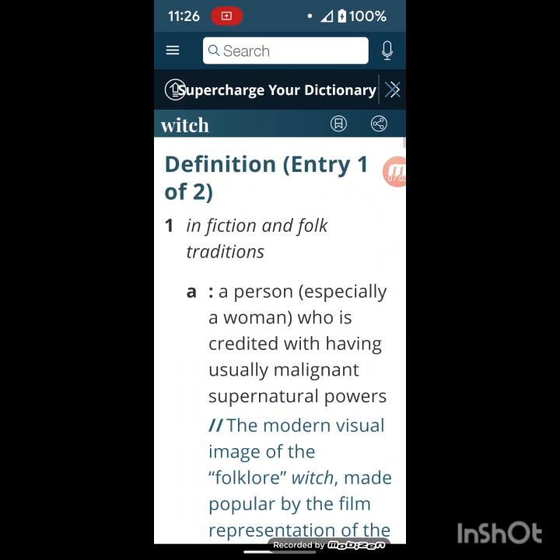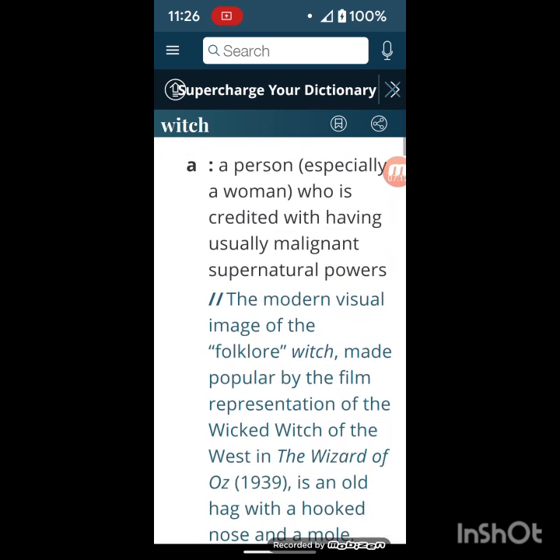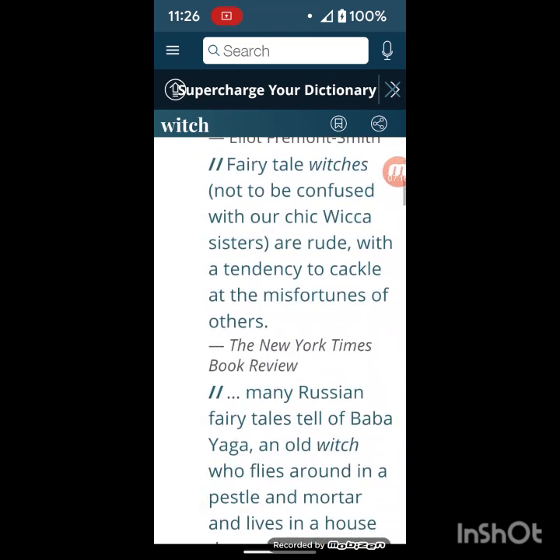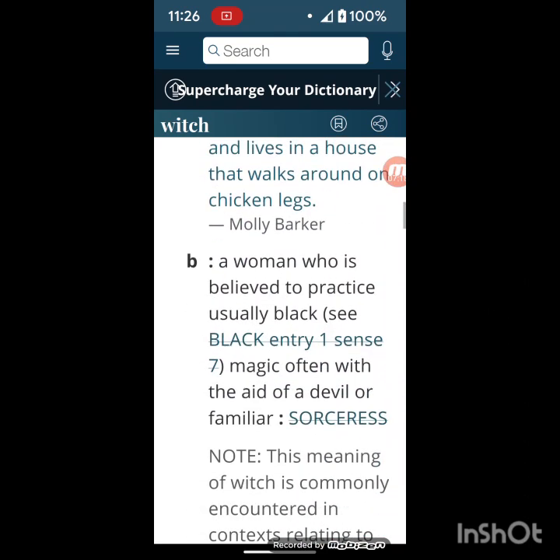Definition 1. A person, especially a woman, who is credited with having usually malignant supernatural powers. Definition 2. A woman who is believed to practice usually black magic, often with the aid of a devil or familiar.